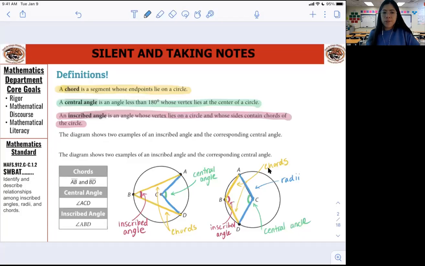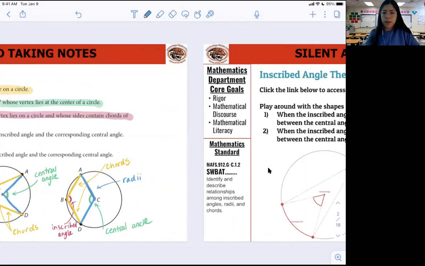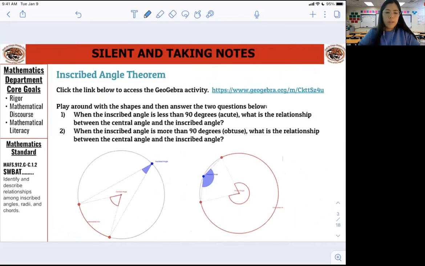Okay. So we're actually going to do a little bit of an exploration now. And with geometry, a lot of times the best thing to be able to do is actually see what's going on visually. So go ahead and in just a second, you can click on the link in the chat and take about 5 minutes to see what's going on in this example, play around with it.